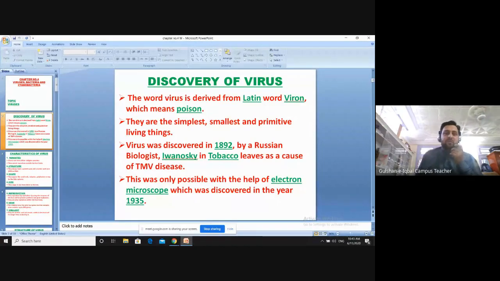The name of the disease was TMV disease, tobacco mosaic virus disease. And then in the year 1935, we discovered the electron microscope, which made it possible to study the structure of the virus, the properties of the virus, and the infection caused by these viruses. So this was all about the discovery of virus.